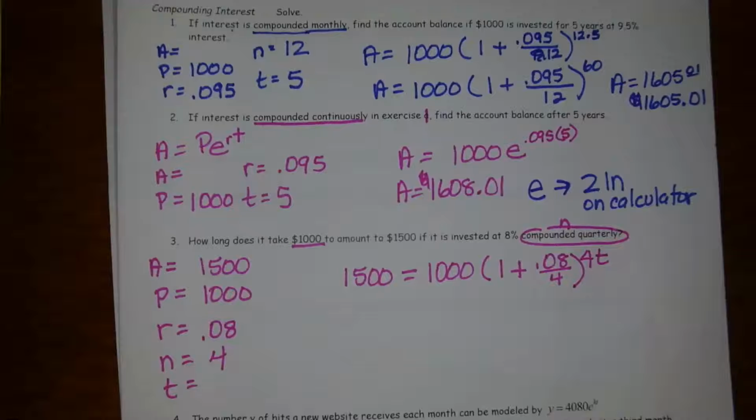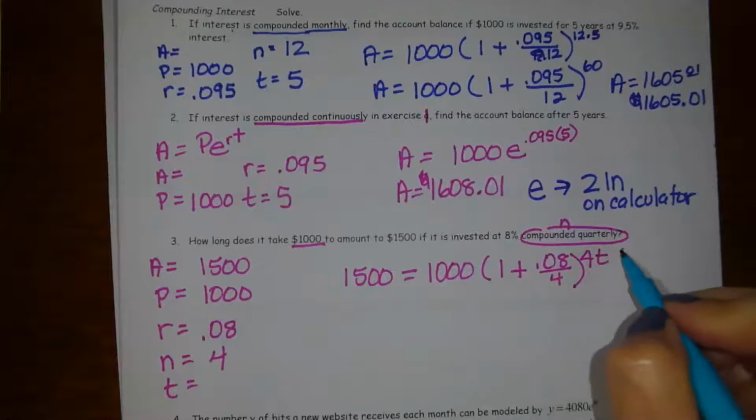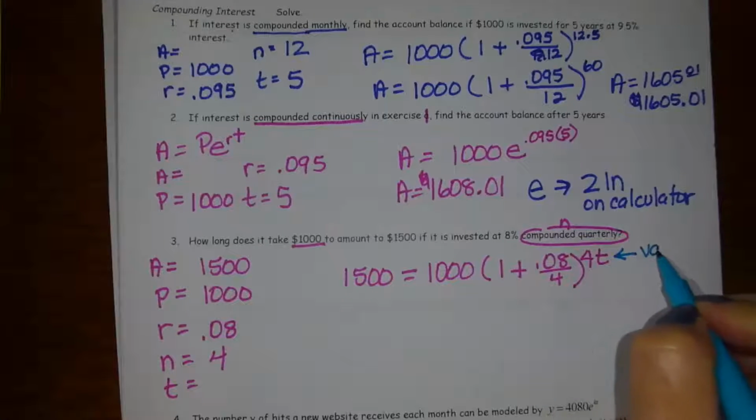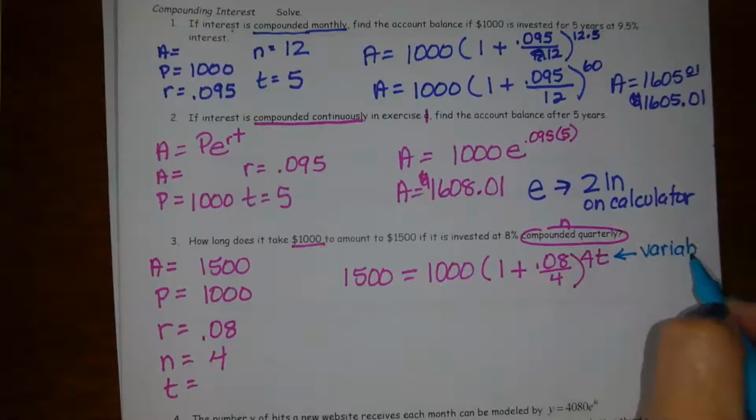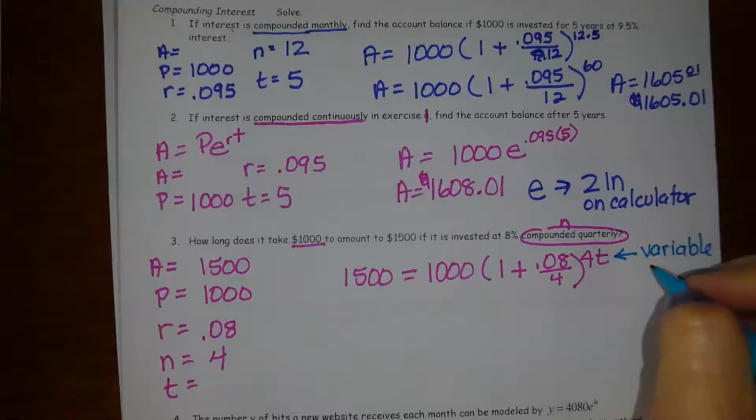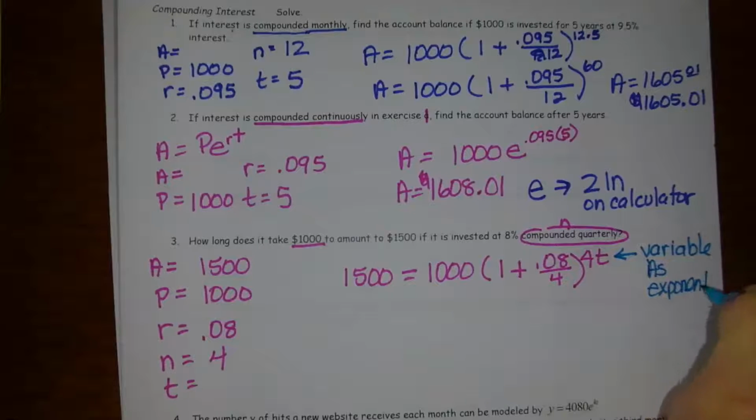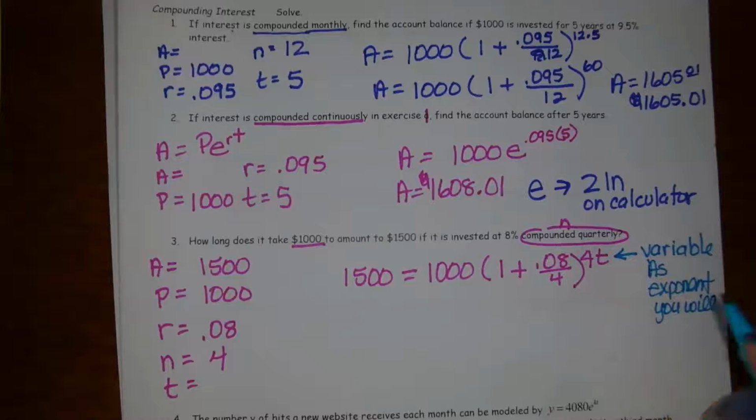This one has an issue. This is the reason it's in this unit. So a variable as exponent, right? If you have a variable that's up in the sky as an exponent, you will need what to finally solve this problem? What unit are we in?